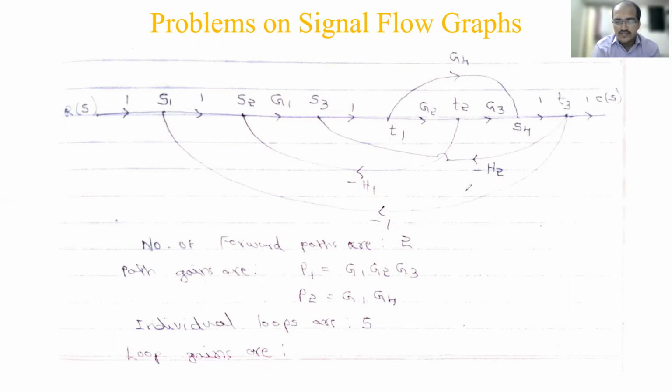So block diagrams and signal flow graphs are just representations of some control system. A control system in real time may be physical, mechanical, rotational, or electrical, anything. Even in the next type of problems we use an electrical network and convert it into a signal flow graph. Those are interesting problems. So these are just representations, okay?